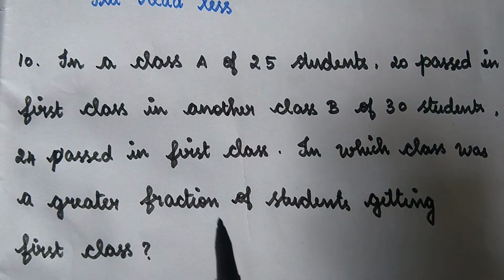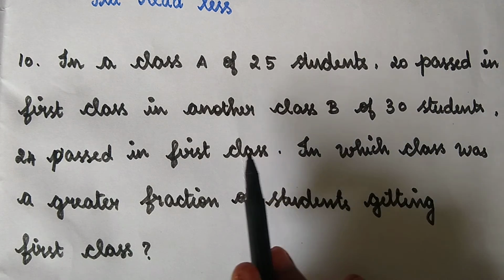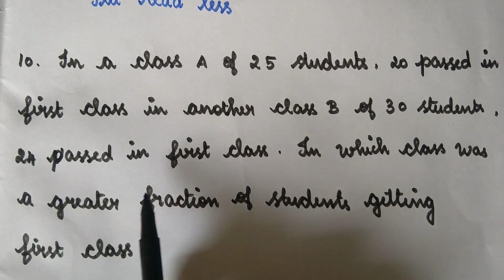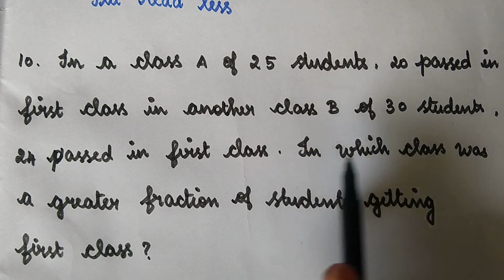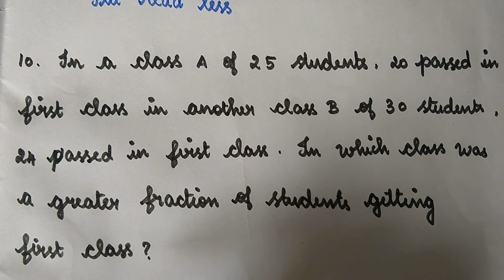In a class A of 25 students, 20 passed in the first class. In another class B of 30 students, 24 passed in first class. In which class was a greater fraction of students getting the first class?